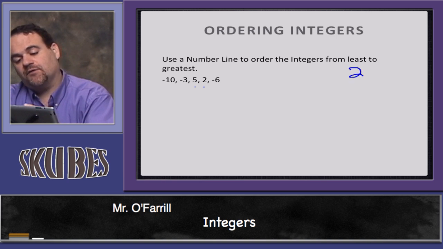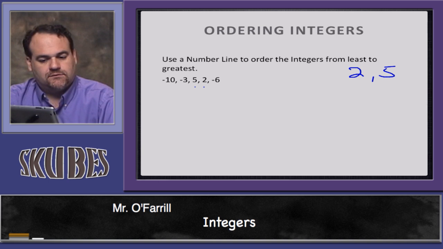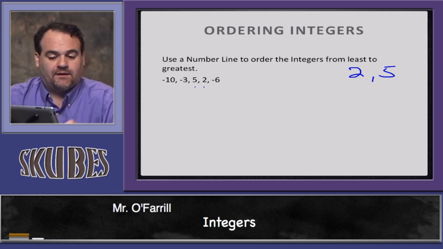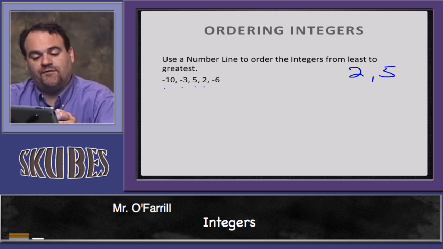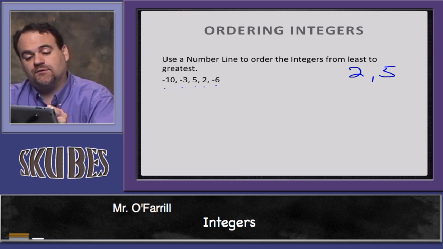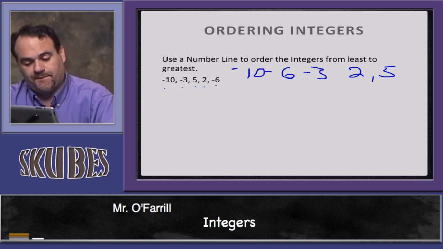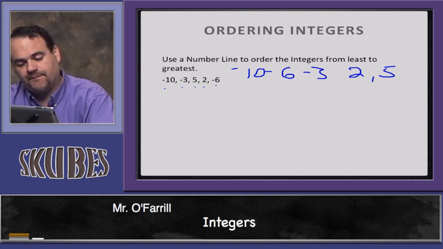We know it's going to go 2 and then 5 at the end. The other ones are negative, where we have negative 10, negative 3, and negative 6. And remember, that counts backwards. So it's going to go 10, 6, 3, all of which being negative. Okay? So that's a nice way to just think about it ahead of time.